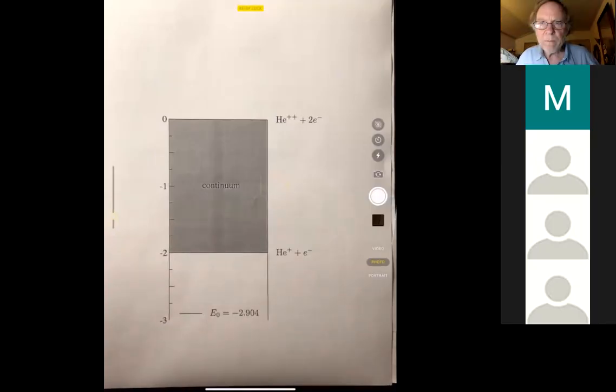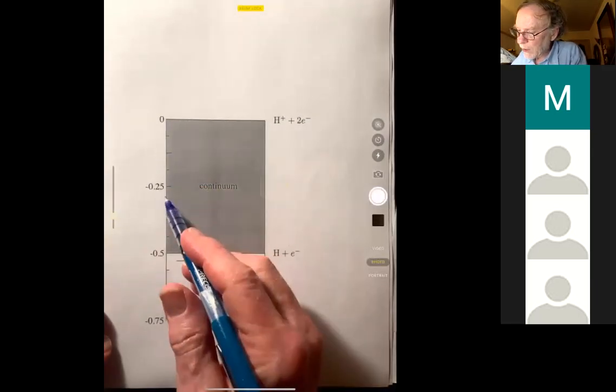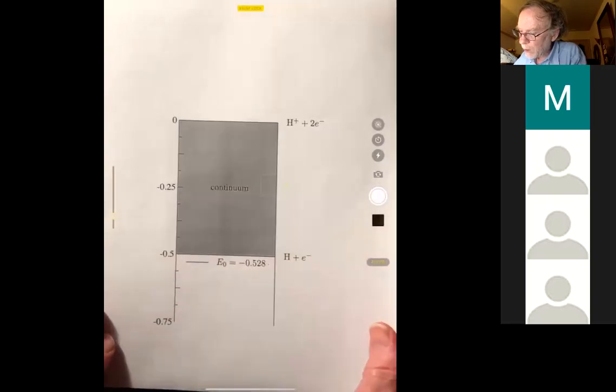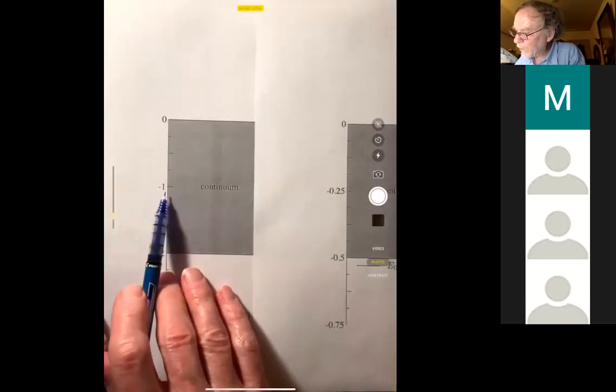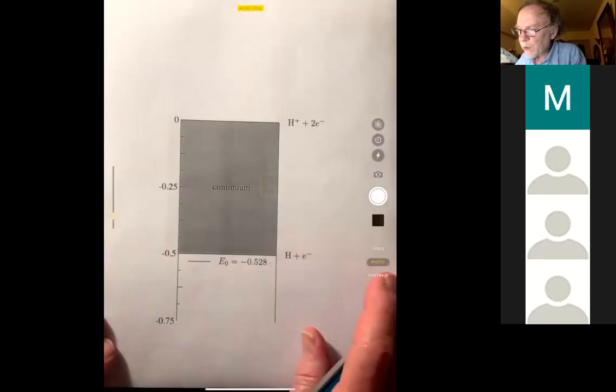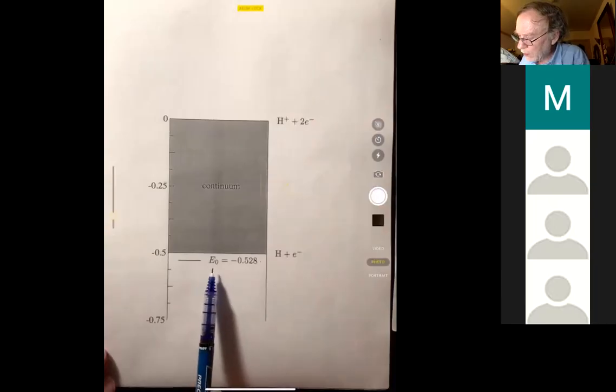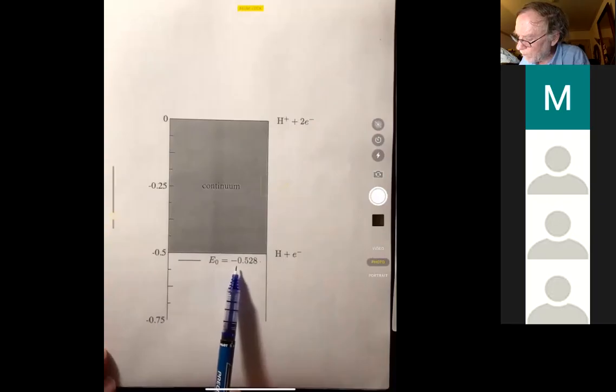If we do this for the H minus ion, I've got a similar diagram here, but the energy scale has been scaled by a factor of 4. As you can see, this is -1 for helium, and this is -1/4 for hydrogen. That's because of the Z squared factor that enters here. And the energy of the ground state of the H minus ion is -0.52.